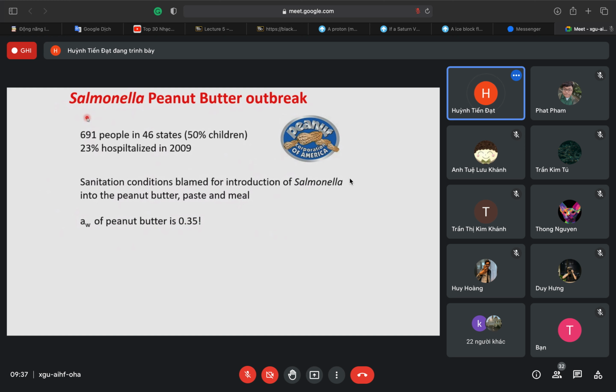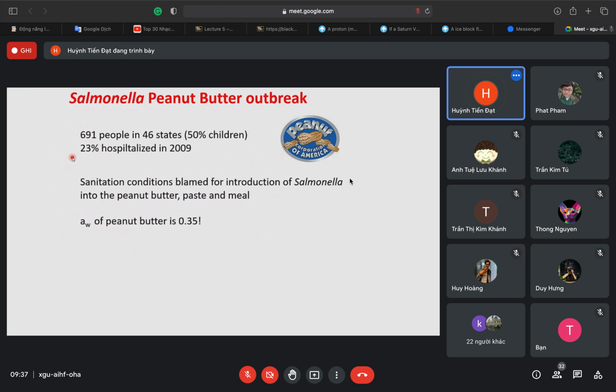Question once again: the peanut butter is very low in water activity. So in very low water activity like this, does Salmonella increase in survival or decrease in survival? Increase in the survival. Yeah, increase in the survival. It means that the treatment right now is not very easy.